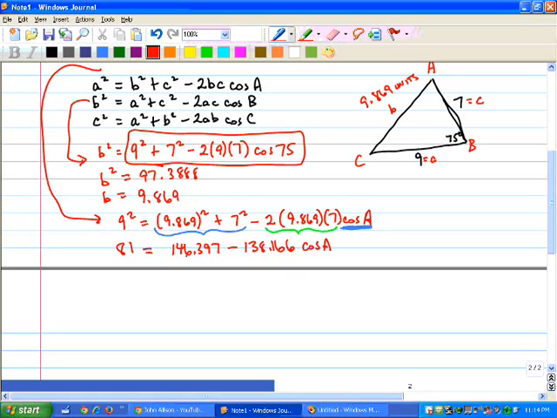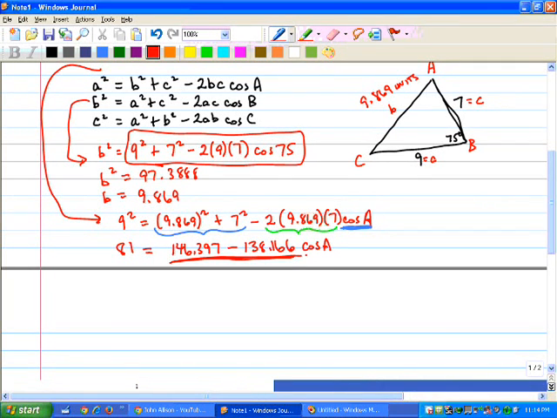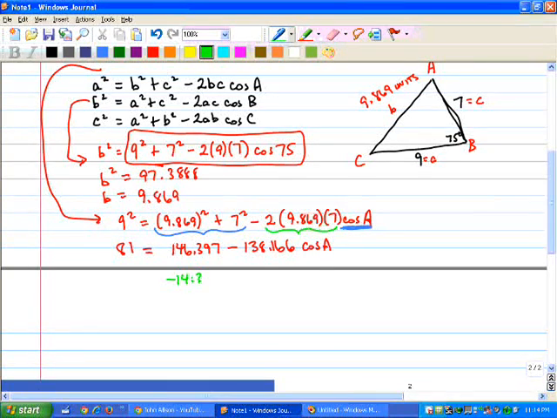The important part here is we cannot subtract these two numbers because they're not like terms, because the 138.166 is tied to the cosine A with multiplication. Therefore, to solve this equation for cosine A, to isolate cosine A, we first have to subtract 146.397 from both sides. So I get 81 minus 146.397.